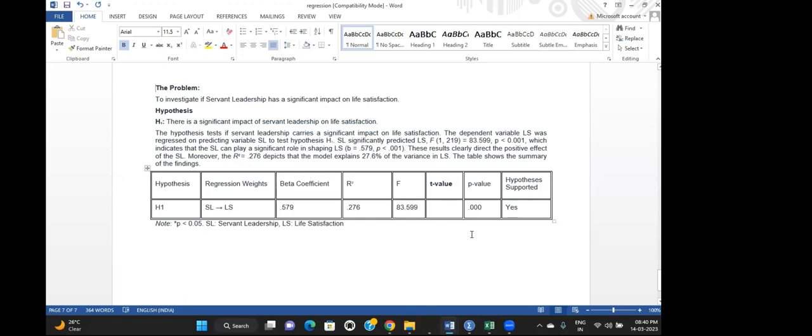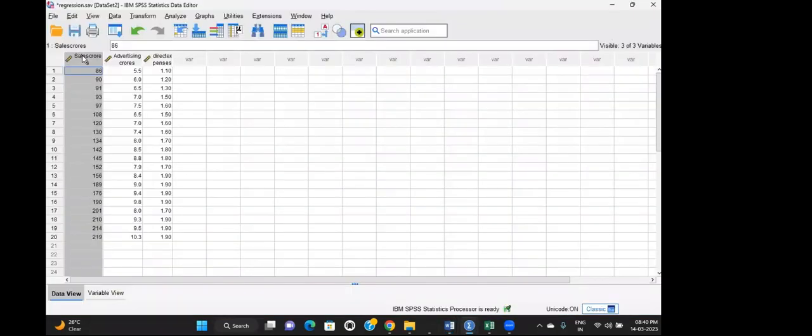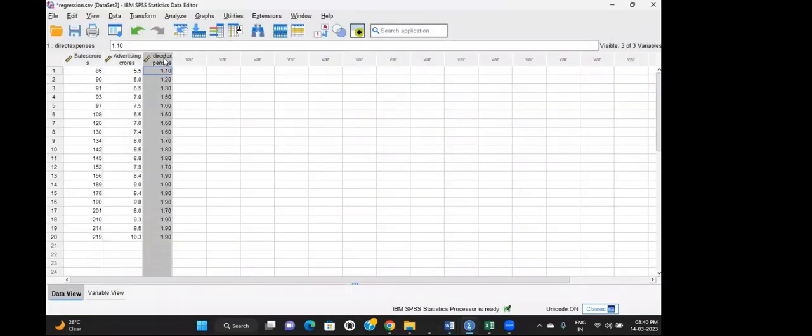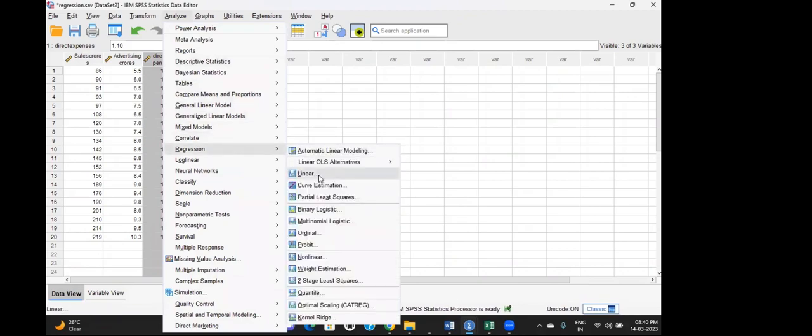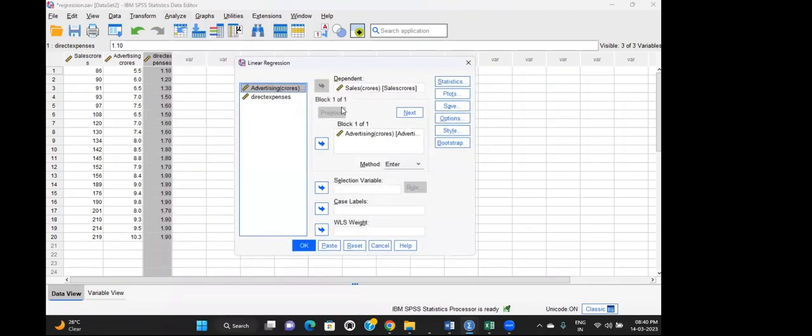So this is an example of a single, bivariate regression, right? Similarly, you can go for a multivariate. So let's say there is direct expenses as well. There is another variable. So let's do this. Go to regression, linear regression. Now you can see the dependent variable is one, obviously.